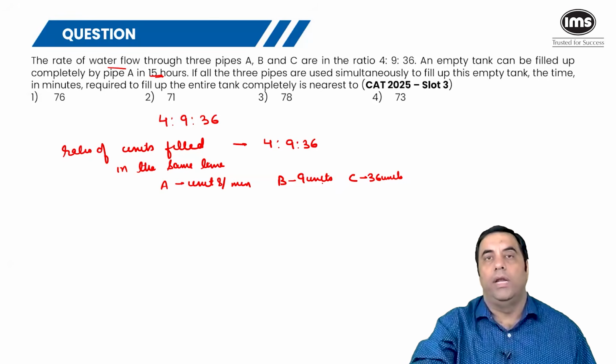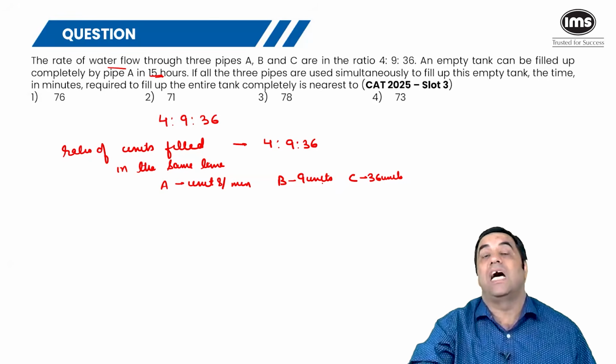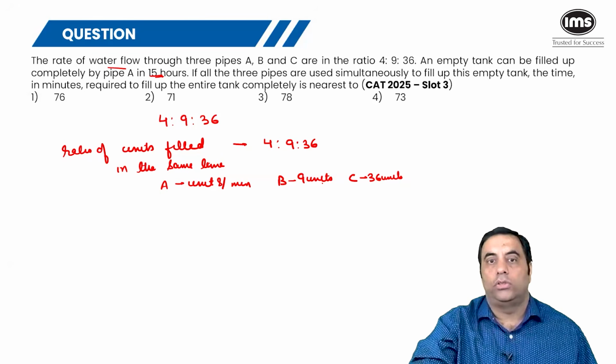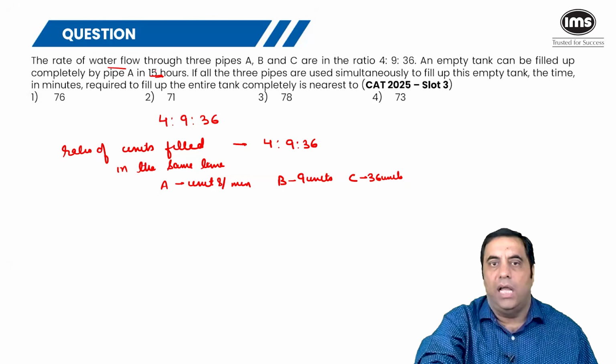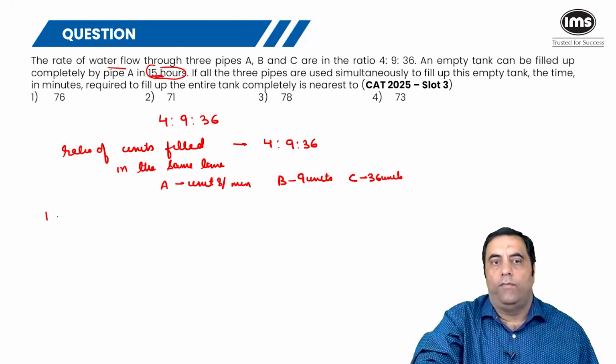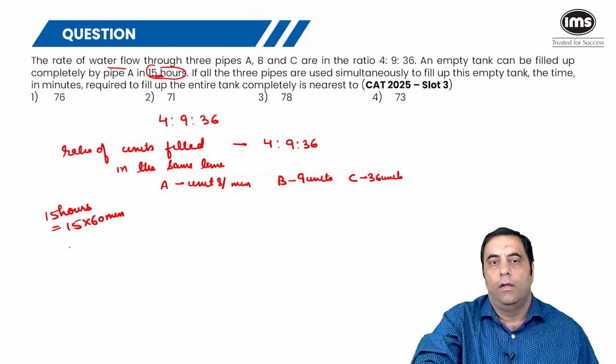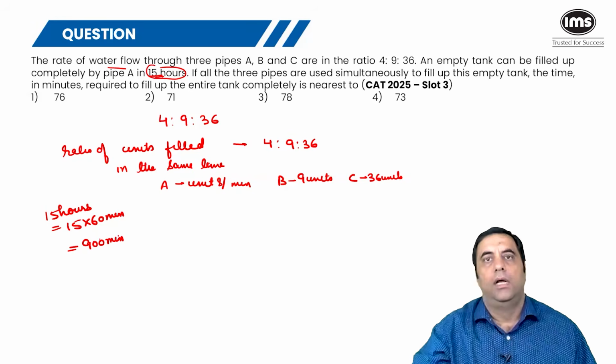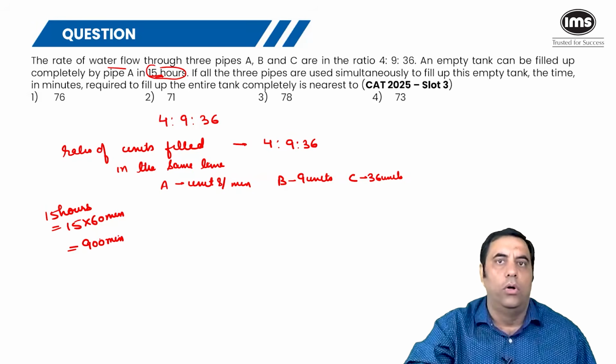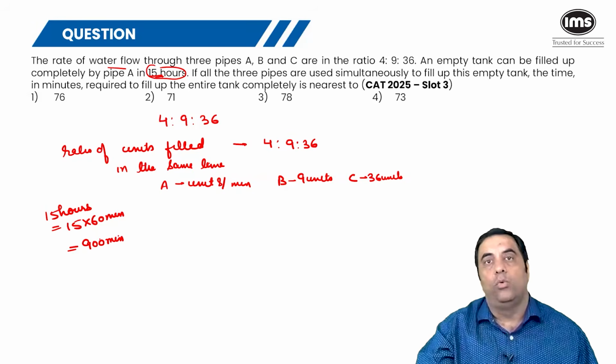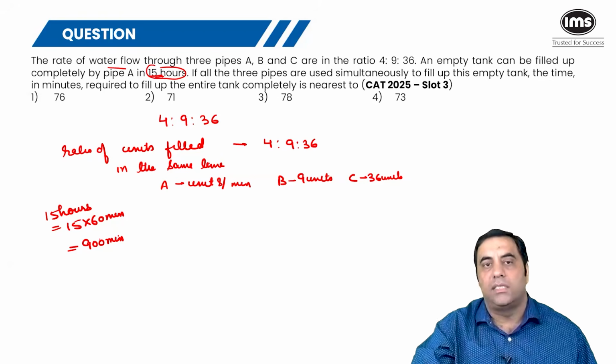The reason for taking minutes is that the answer is asked in minutes. So since A fills the entire tank in 15 hours, which is 15 into 60 minutes, that comes out to be 900 minutes.